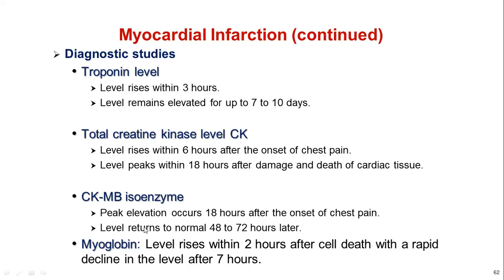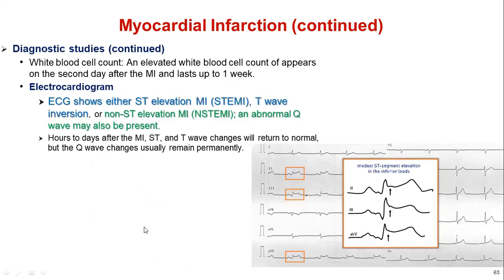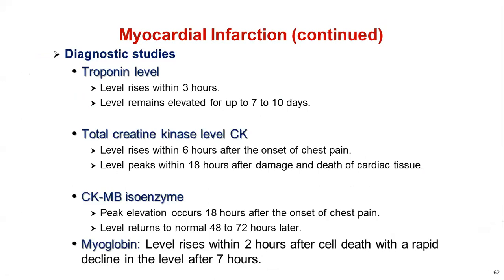Myoglobin level is raised within 2 hours after cell death. So myoglobin can be elevated due to heart damage or skeletal muscle damage or rhabdomyolysis.